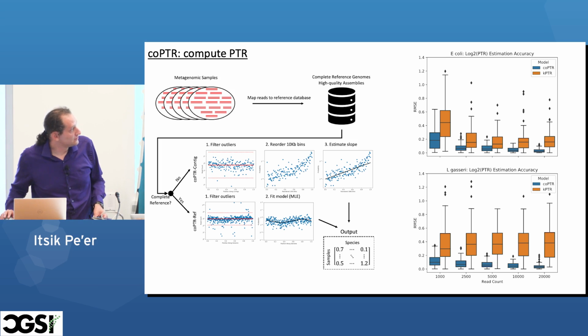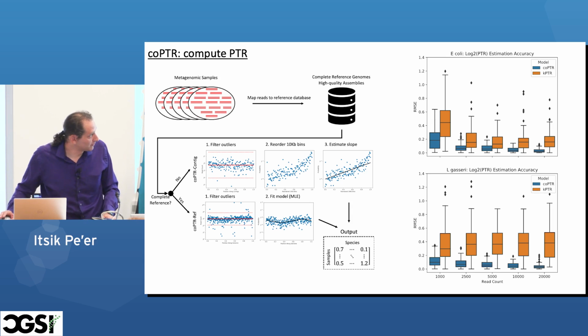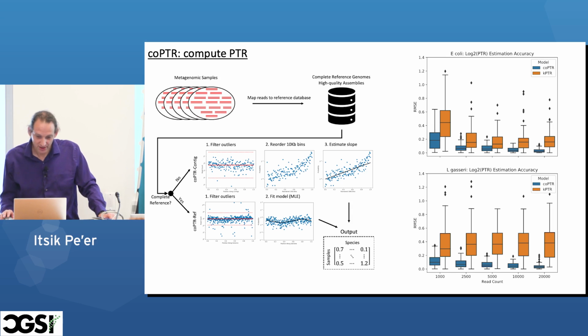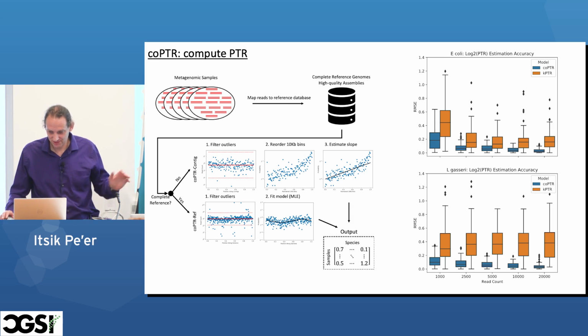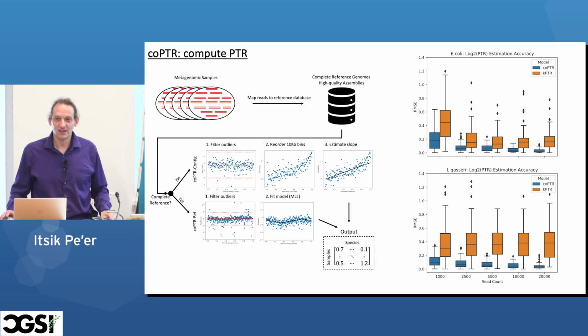The new method is able to much more accurately estimate peak to trough compared to the previously developed and published optimization by Tal. This all leans on Tal Korem having moved to Columbia and having become a close collaborator of ours. So we're able to do that with his lab.